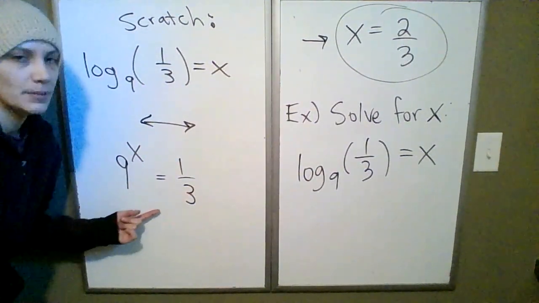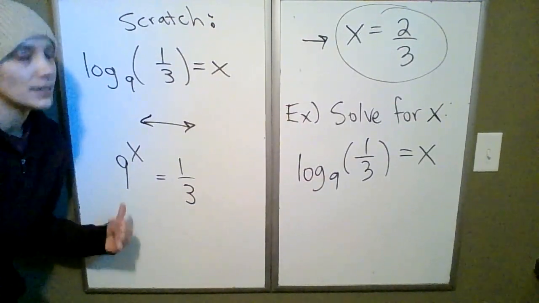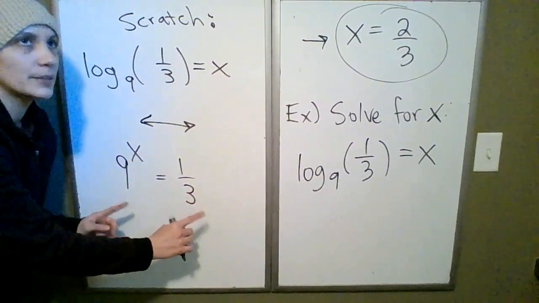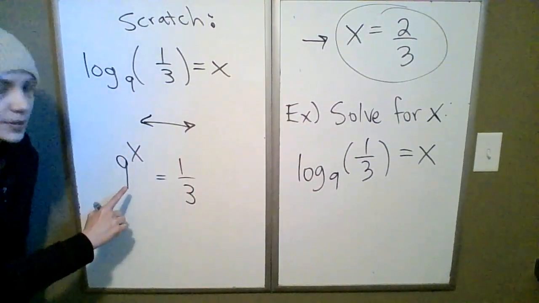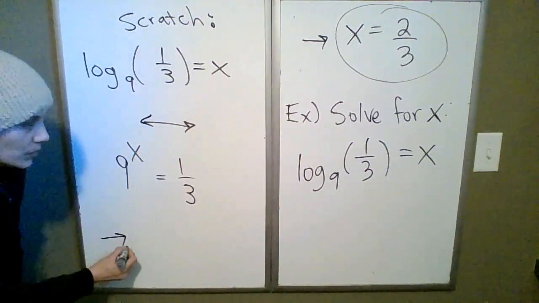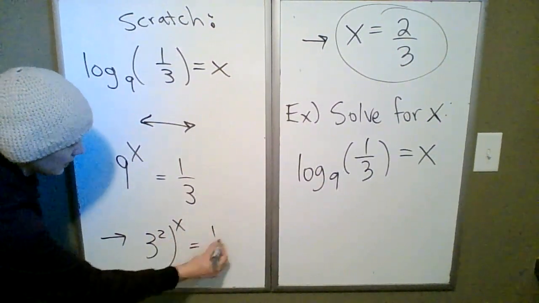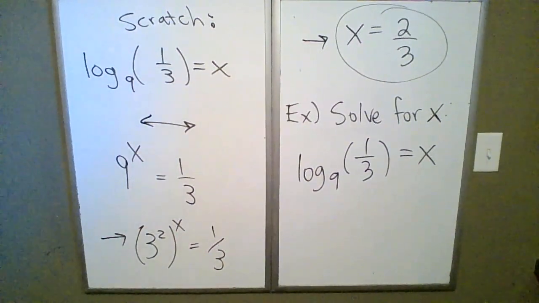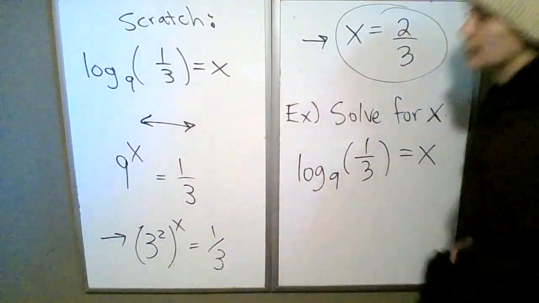And I'm going to use the same idea of getting a base that matches. I'm going to try base 3. If I can get both sides with a base of 3, we'll put the exponents equal to each other. So factor 9 as 3 squared. So on the left side, 3 with the power of 2x.